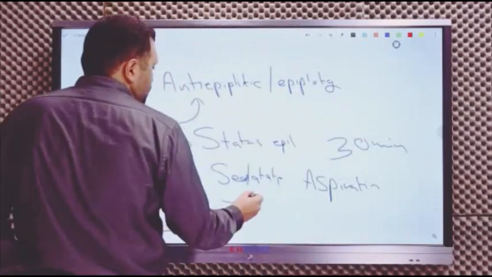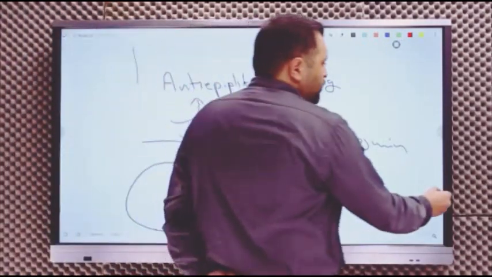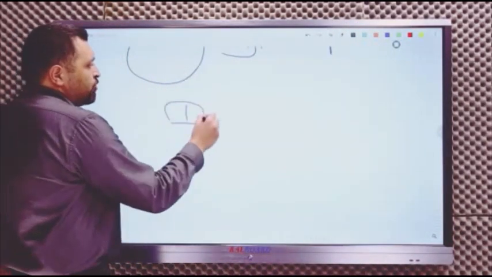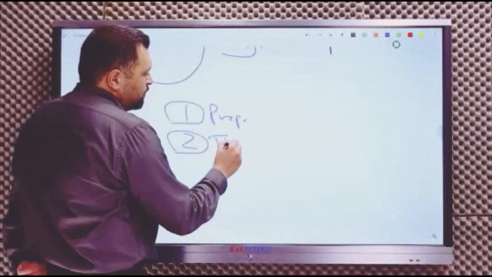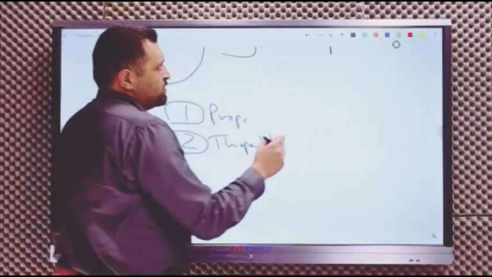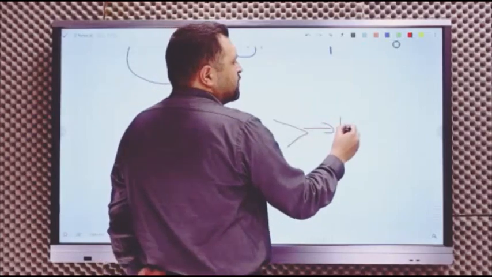While he is sedated, we need drugs to sedate him. Which ones? We will use ones that have anti-epileptic effects. We have two, the Propofol and the Pentobarbital. But here we don't give boluses. What are boluses?